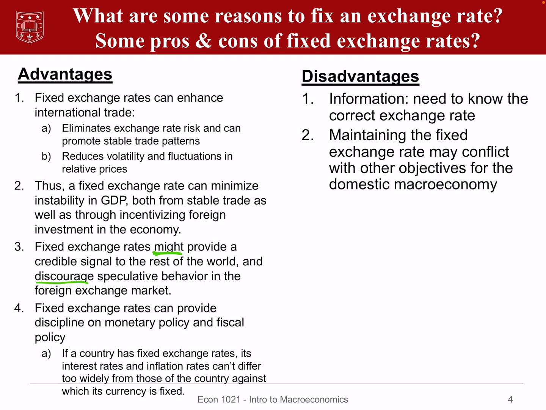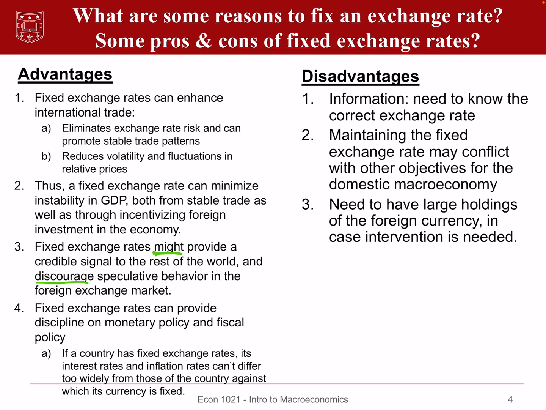So this is potentially problematic, and what fixed exchange rates mean is that, always, a country will have to sacrifice its domestic priorities in favor of this international priority of maintaining fixed exchange rates. And we'll see this in the examples that we take up in these notes.